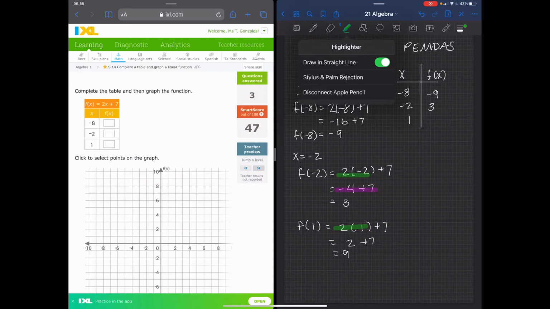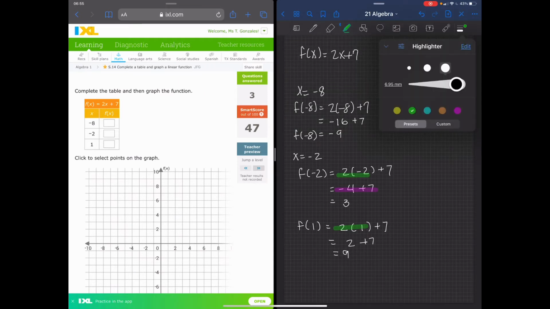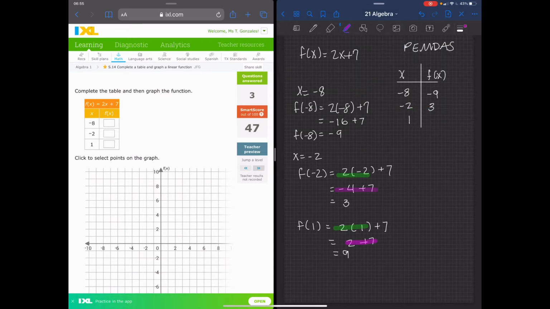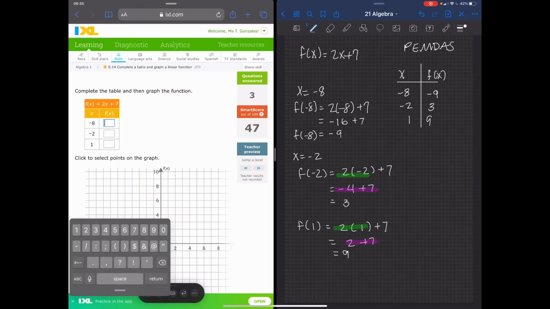And then from there, we added 2 plus 7, and that's how I got 9. So as we put this together, -8 is -9, -2 is 3, and 1 is 9.